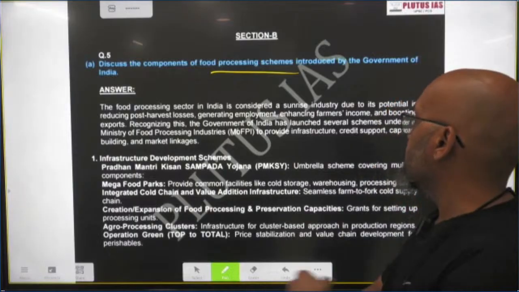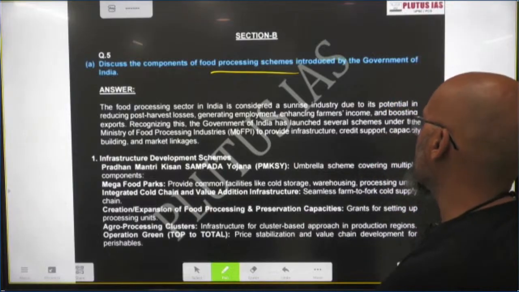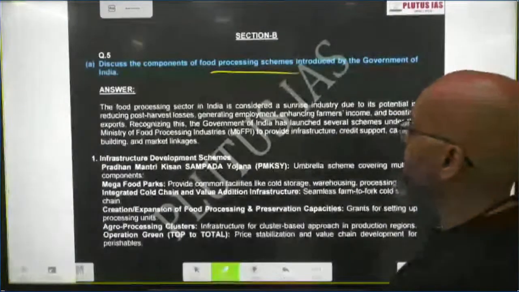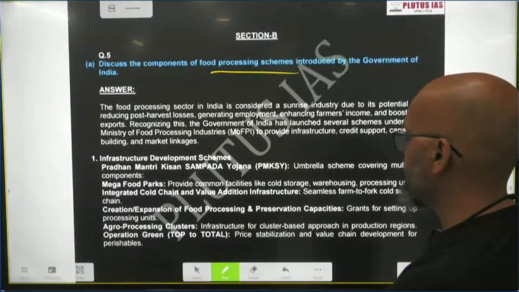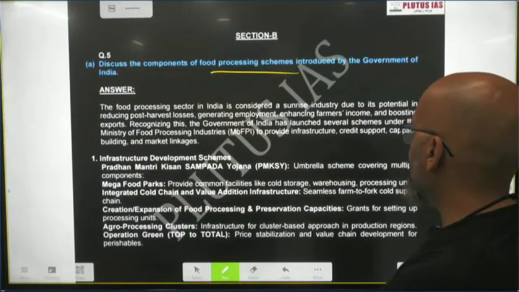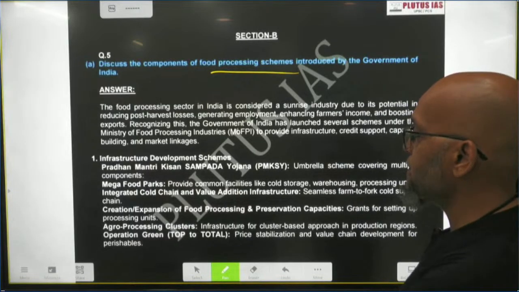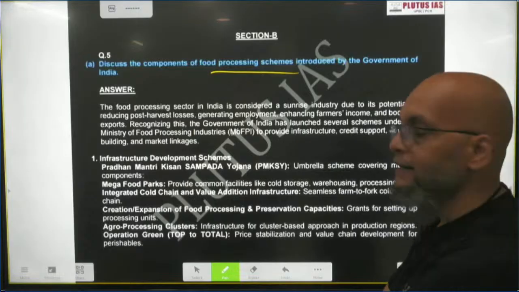Recognizing this, the Government of India has launched several schemes under the Ministry of Food Processing Industries to provide infrastructure, credit support, capacity building, and market linkages.